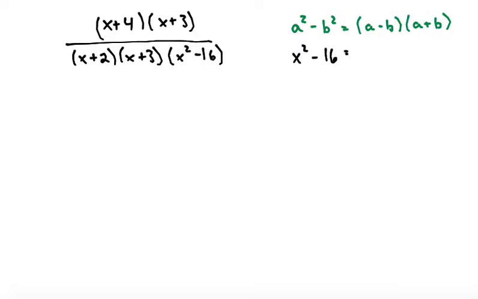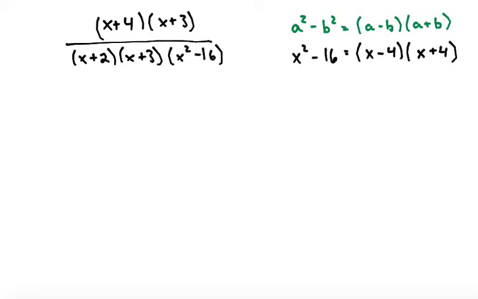That makes a equal to x, so we can substitute in x for a. And for our b squared, in order for b squared to be 16, since 4 squared is 16, that makes b equal to 4. So we'll substitute 4 in for our b. So it'd be x minus 4 times x plus 4.